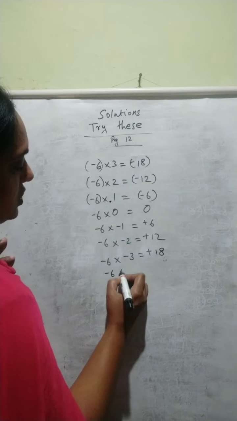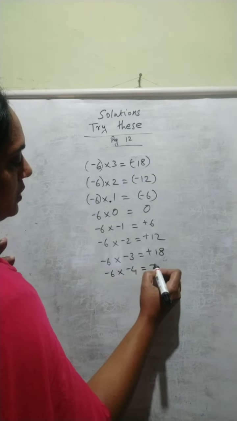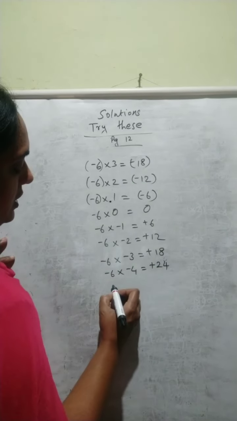Negative 6 times negative 4, positive 24. Then negative 6 times negative 5, positive 30. Then next, negative 6 times negative 6, positive 36. Negative 6 times negative 7, that is positive 42.